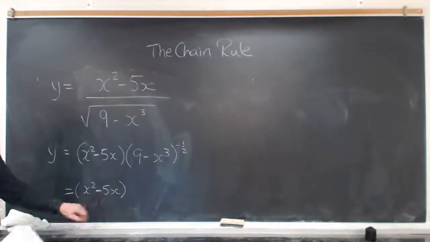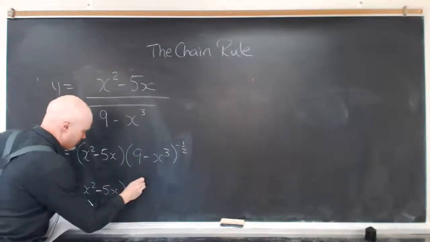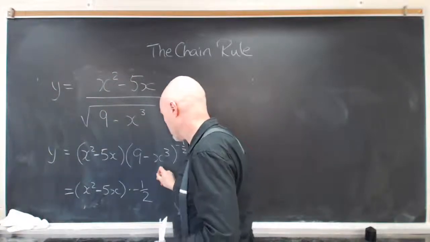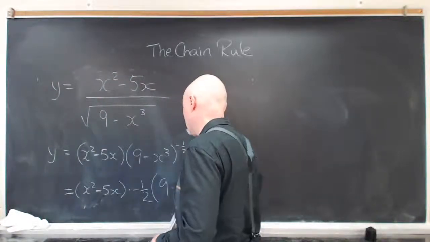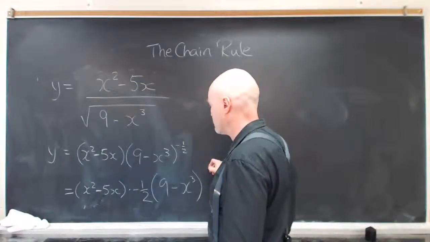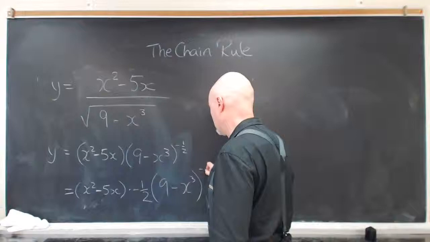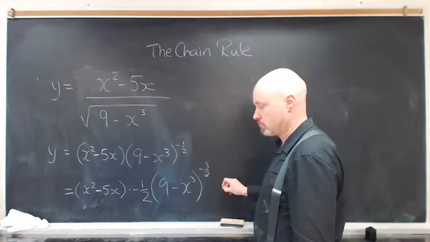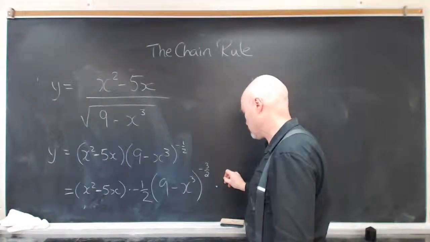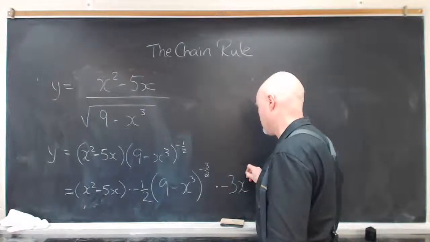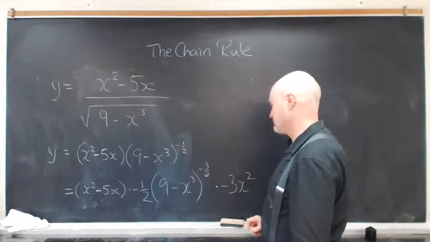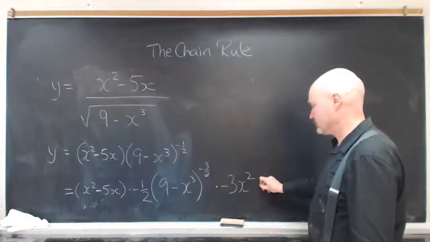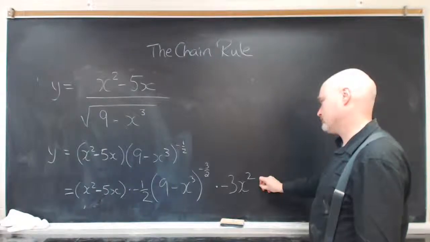Okay, x squared minus 5x times negative 1/2 times 9 minus x cubed to the exponent negative 3/2 times 3x squared. Times 2x minus 5. Minus 2x.